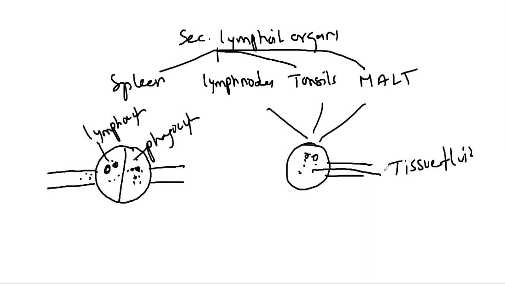So the tissue fluid-borne antigens can be recognized by the lymph nodes and other structures, whereas the blood-borne antigens can be recognized by the spleen. So the formation and activation take place in two different areas. The formation and maturation take place in primary lymphatic organs, whereas the activation takes place in secondary lymphatic organs.